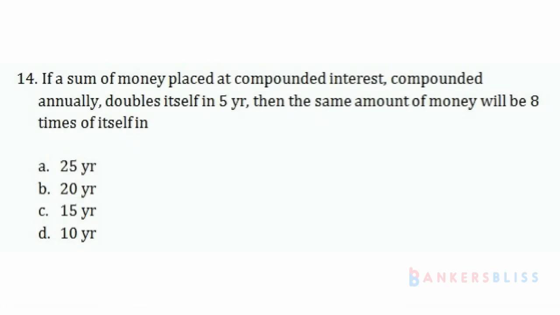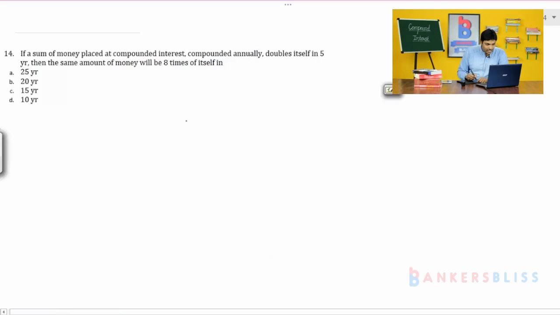Problem number 14. If a sum of money placed at compound interest compounded annually doubles itself in 5 years, the same amount of money will be 8 times itself in how many years? See here, consider 100. Double in how many years? 5 years.